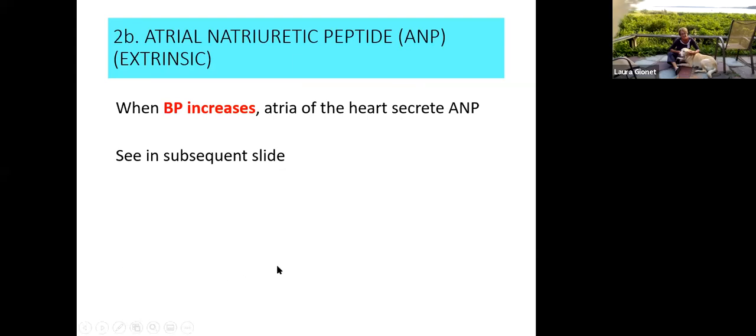Remember, we also have atrial natriuretic peptide that works in reverse when the blood pressure is too high. The atria of the heart secrete atrial natriuretic peptide, which then has the opposite effect. It blocks antidiuretic hormone, it blocks aldosterone, it inhibits renin, so that your kidneys have a chance to catch up and capture all that excess fluid.